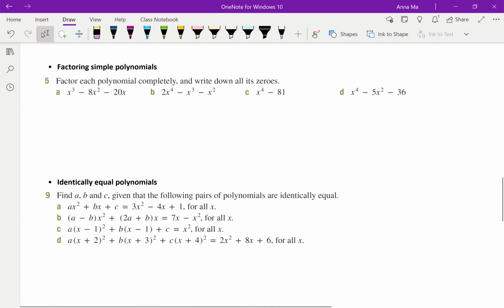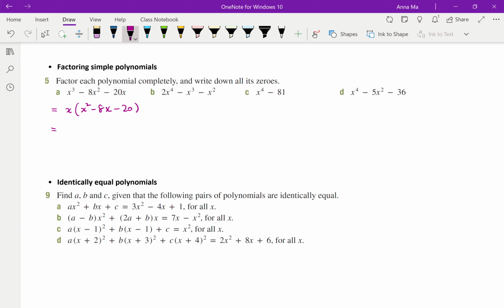Next dot point, factoring simple polynomials. We didn't get to the factor theorem yet, so you should only be able to factorize easy expressions. For example, for this one, it's one of those expressions where you can pull out a common factor of x, then the expression in the second bracket is a quadratic, and we all know how to factorize a quadratic.